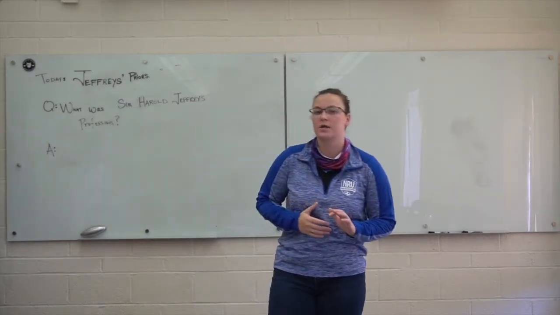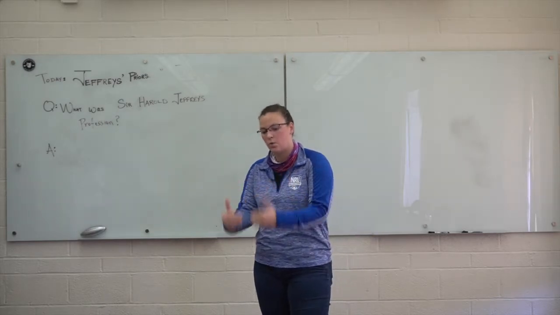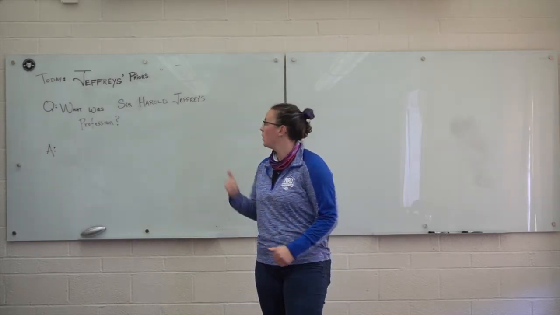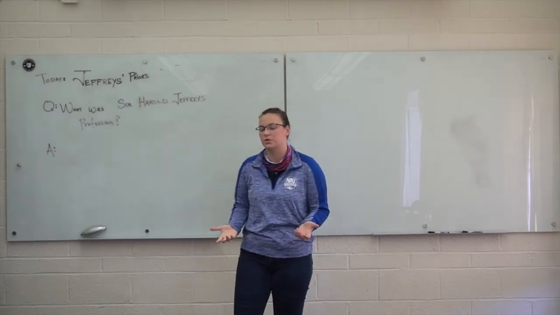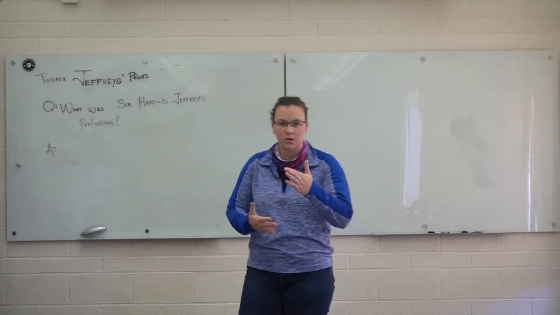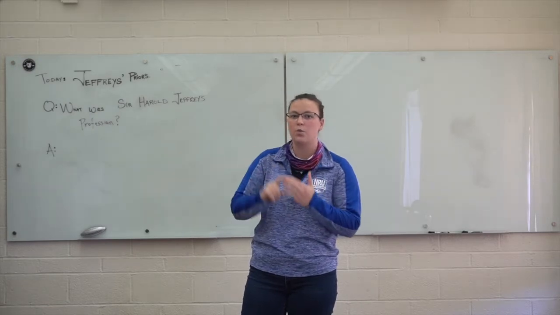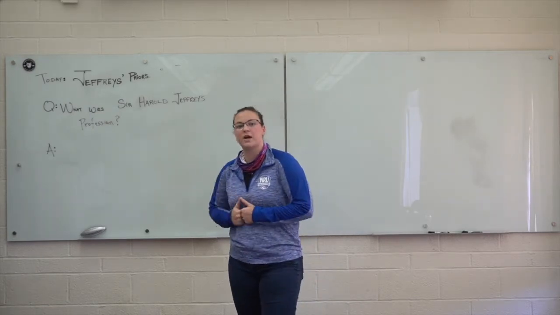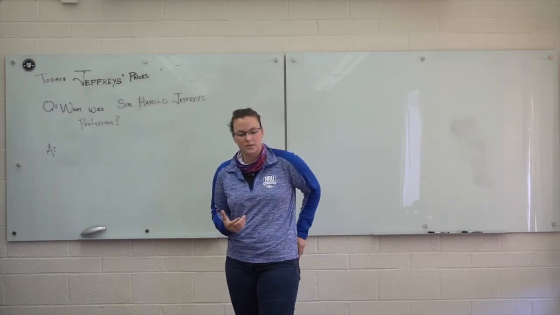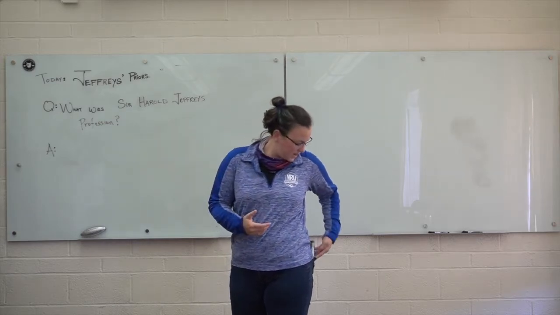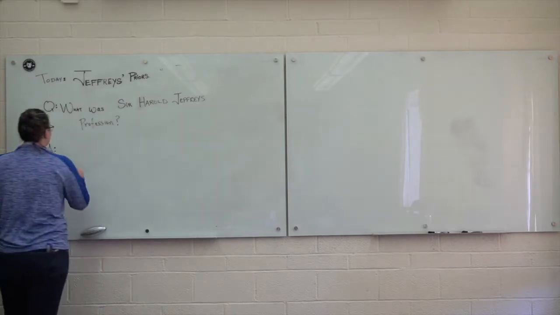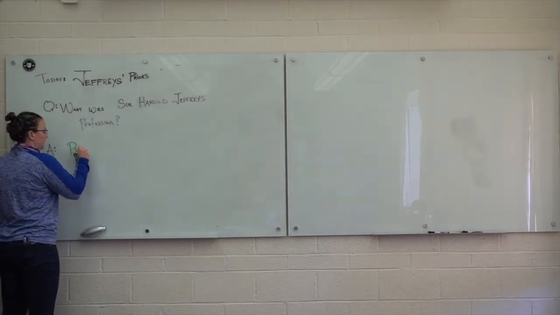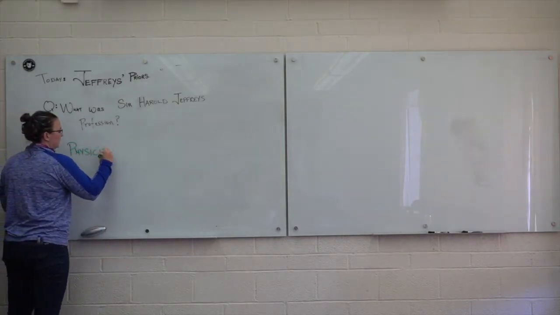So Jeffreys priors, to understand the motivation, we have to understand who Sir Harold Jeffreys was and what his profession was. Right now, since you're at home, I would ask you to look up what his profession was, and you're going to find that he was a physicist.